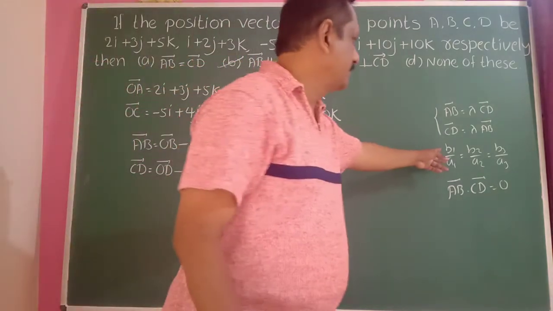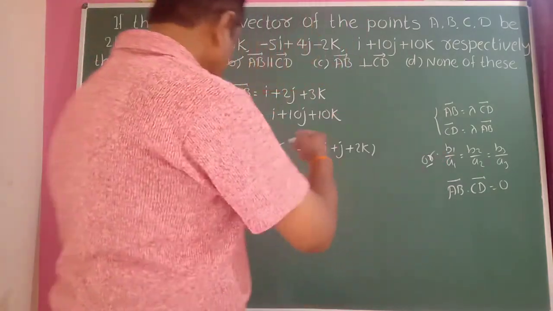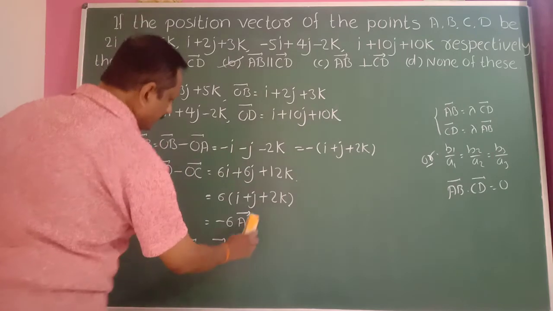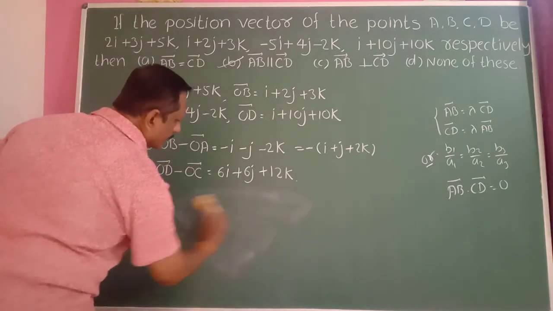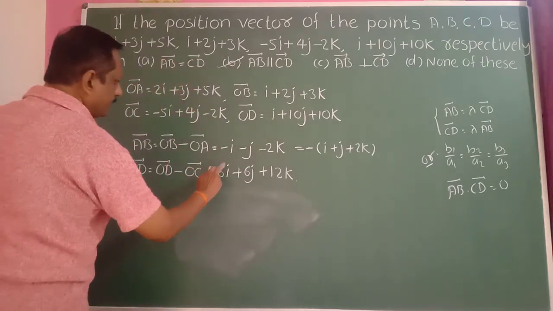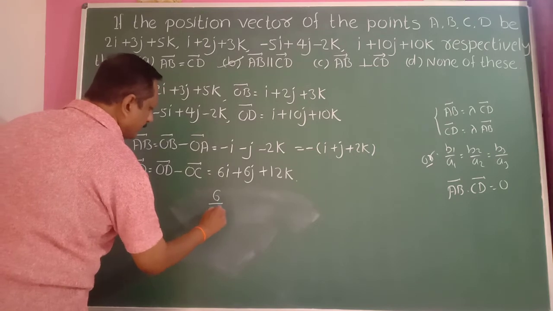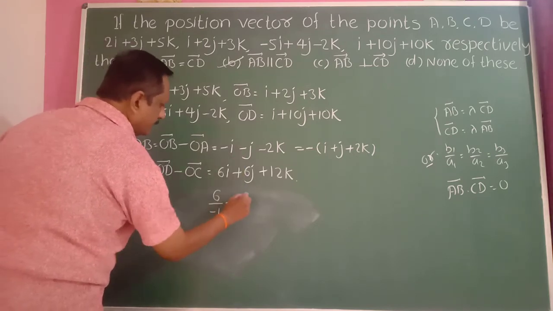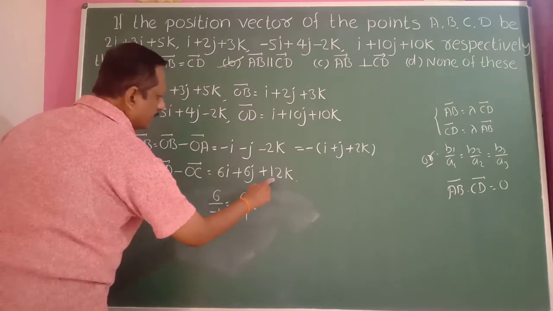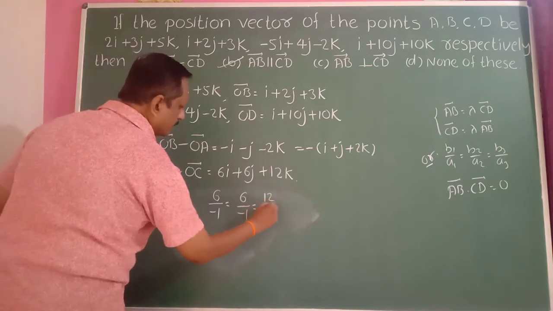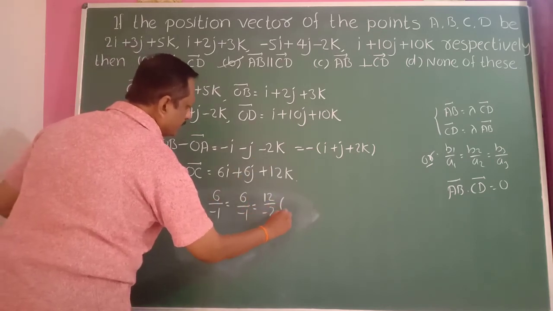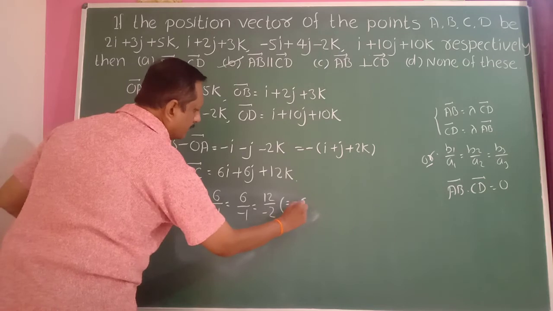Otherwise, you can check the proportion, that is, the ratios. Just observe here: 6 upon minus 1, 6 divided by minus 1, 6 upon minus 1, 12 upon minus 2. So each is equal to what? Minus 6.